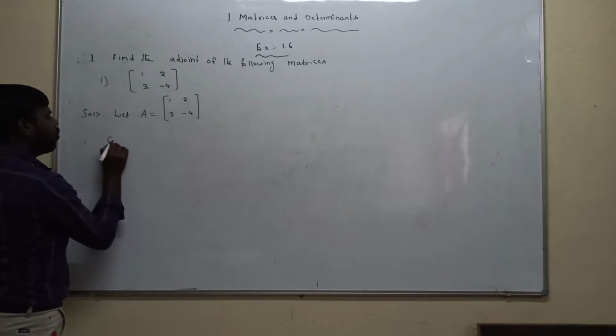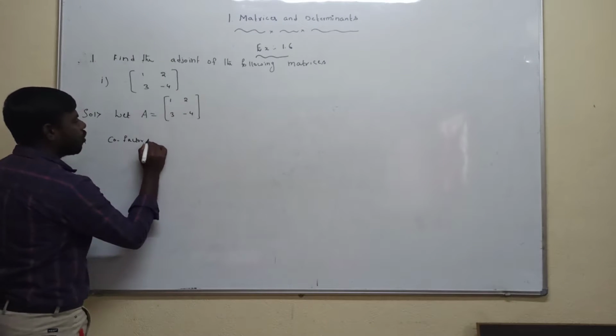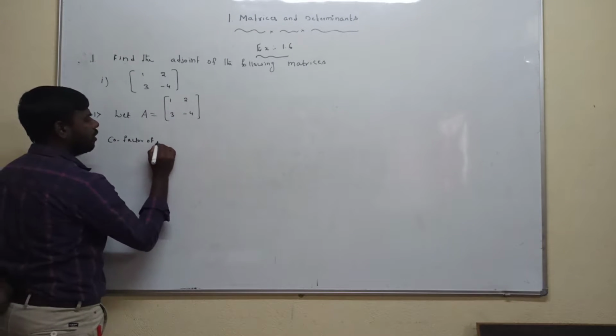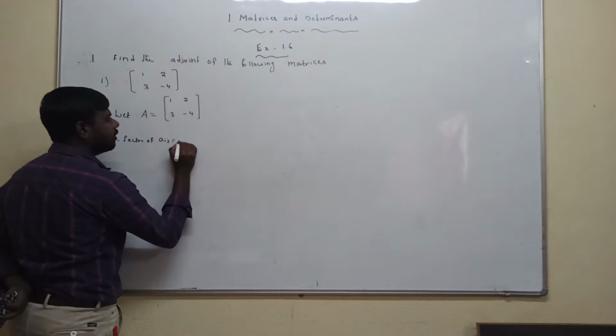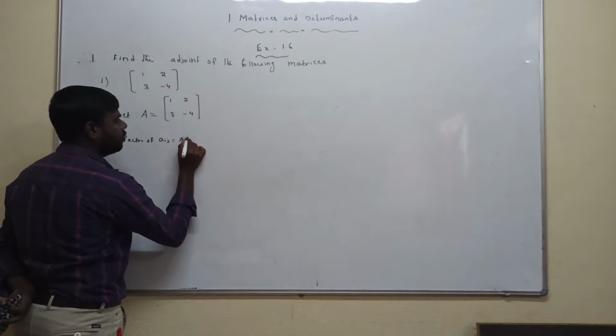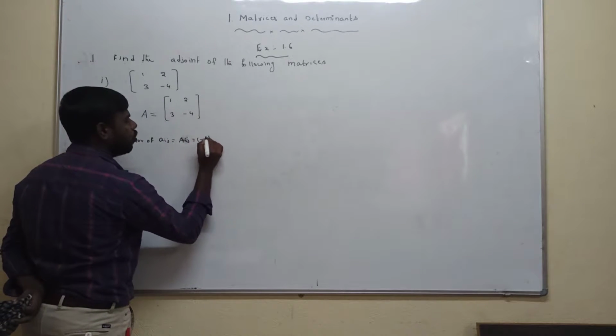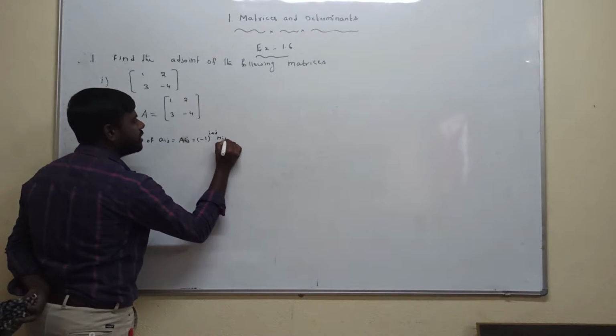See here, cofactor of 1. First I am writing the formula: cofactor Aij is equal to (minus 1) to the power of i plus j into Mij.